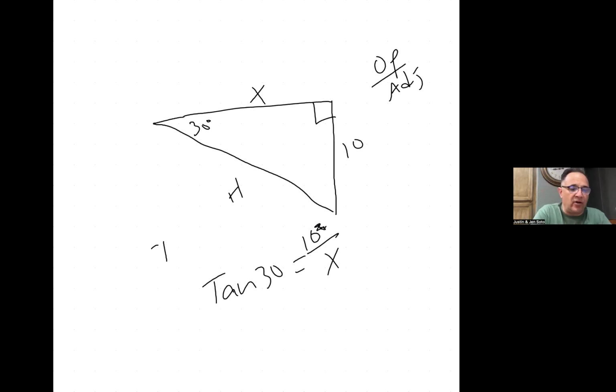Let's just go tan 30. This is not working right. I must be pushing the wrong button. Let me do it on my calculator here. I'm going to try it this way. I think I have a button pushed on this calculator.